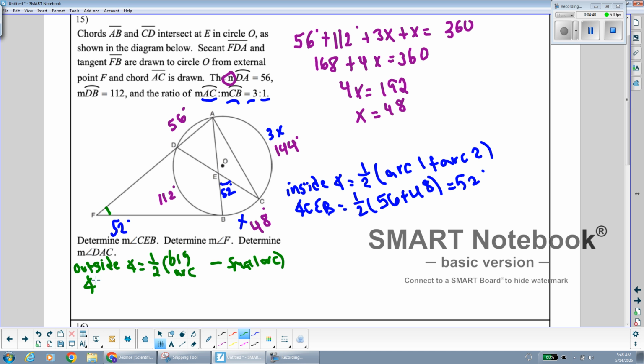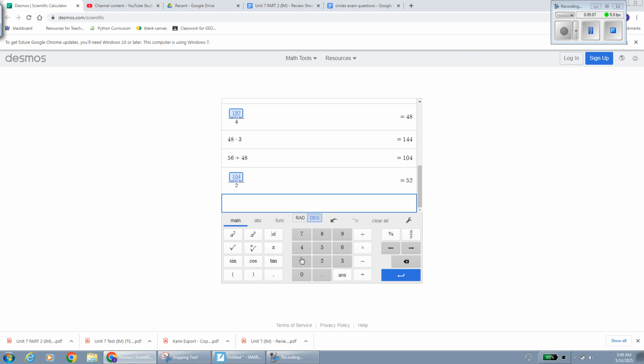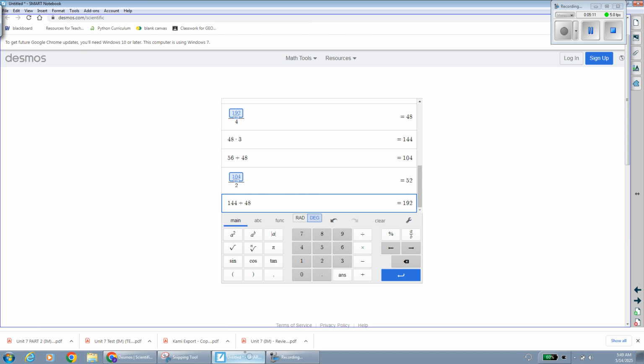So our outside angle is angle F, and it's equal to half. Let me follow the rays of angle F so I could find the intercepted arcs. Okay, so that goes to A, that goes to B. So this is the big intercepted arc AB, which is made up of the 144 and the 48. And together that's 192.